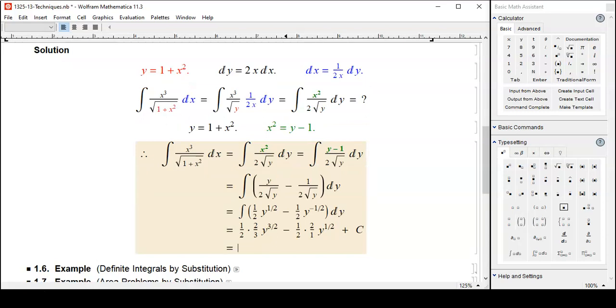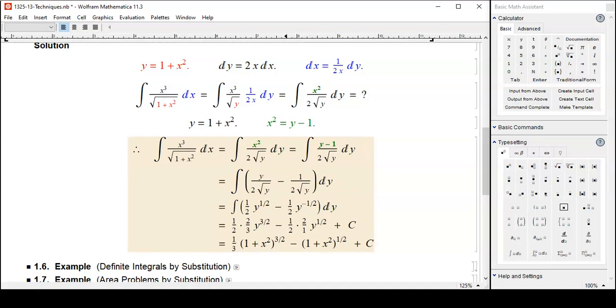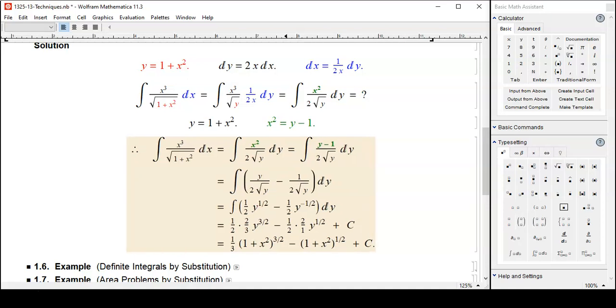So how do you simplify this? 1/3, and then y is 1 plus x squared, 3/2 power. And this one cancels out, just becomes 1, when 1 plus x squared, sorry about the typo, to the 1/2 power, and that'll complete the problem.